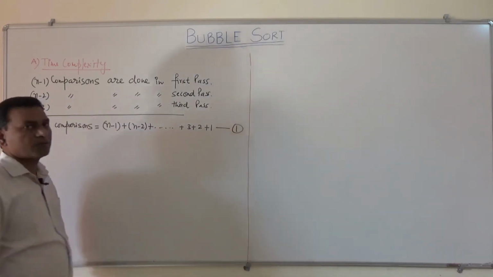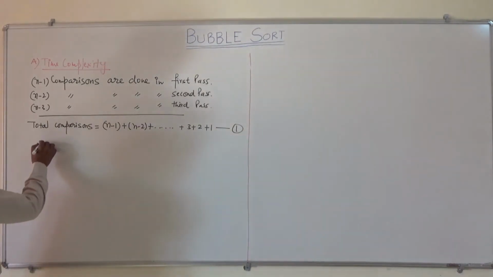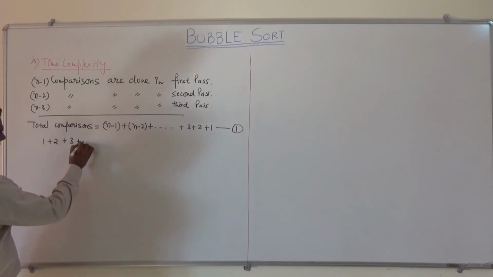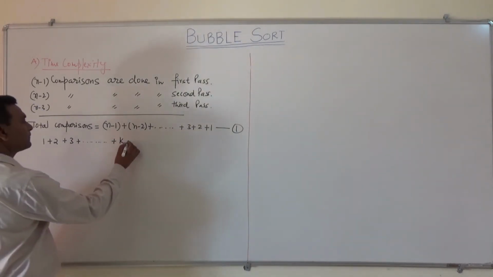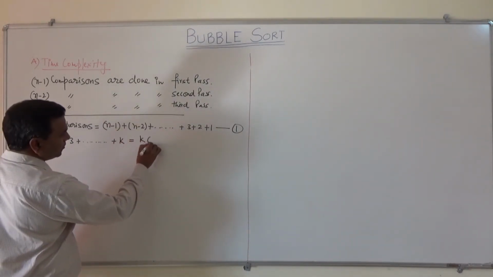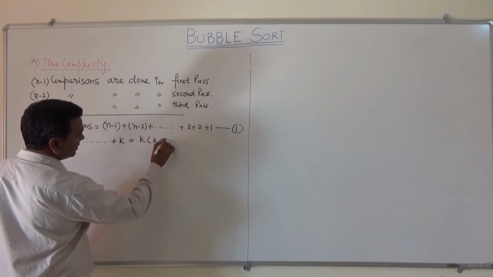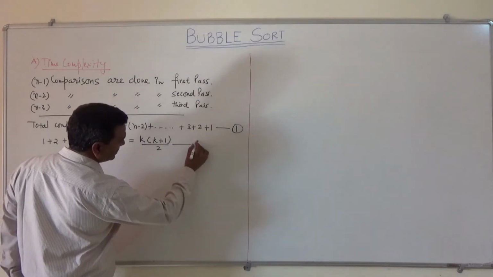Now we know from arithmetic progression that 1 plus 2 plus 3 plus and so on up to k equals k into k plus 1 upon 2. Let us say this is equation 2.